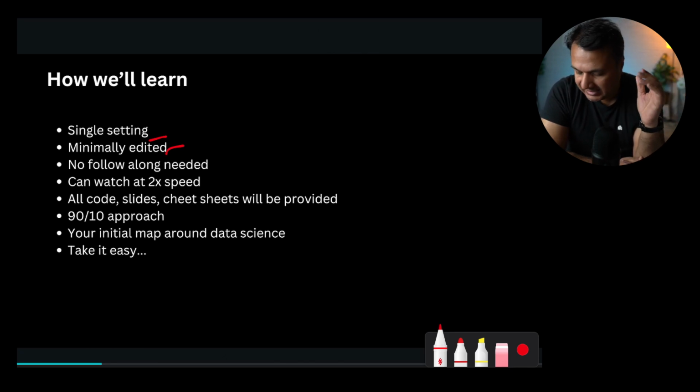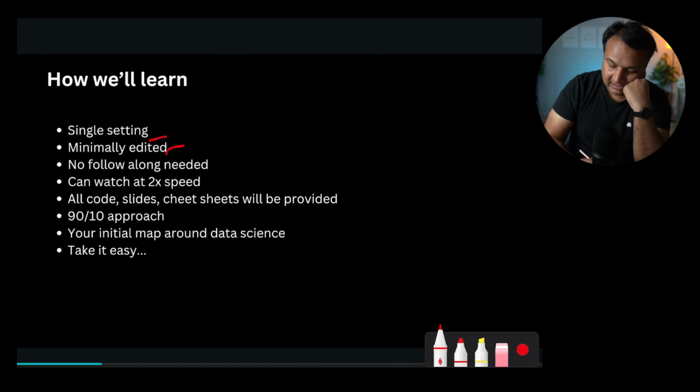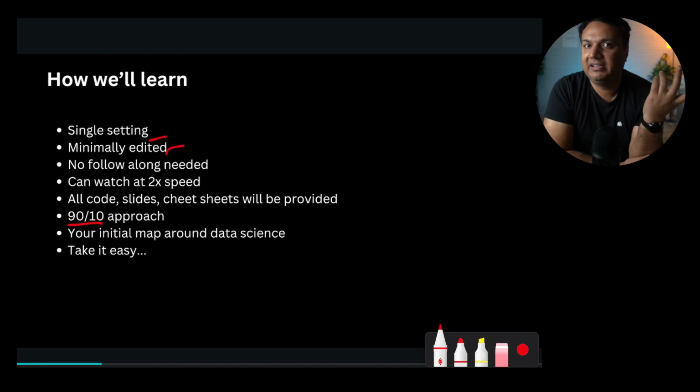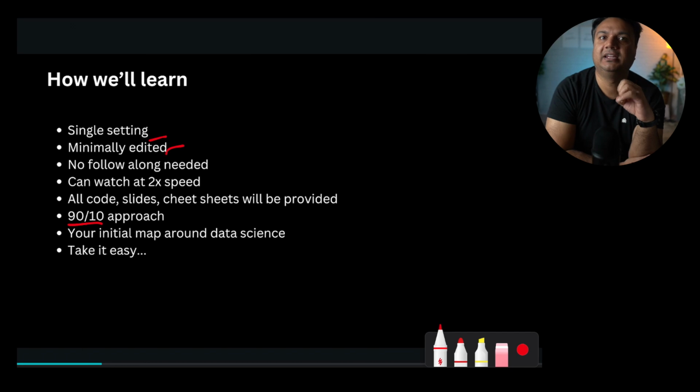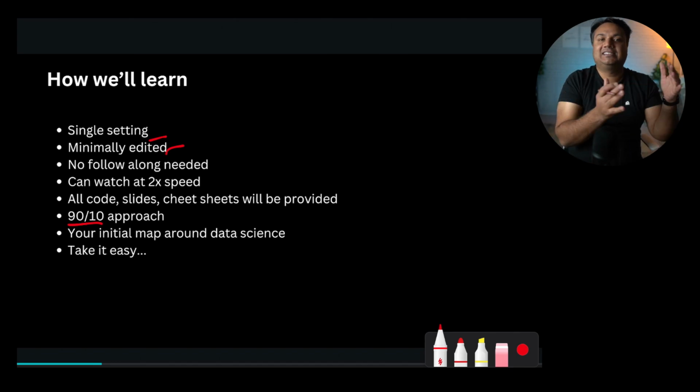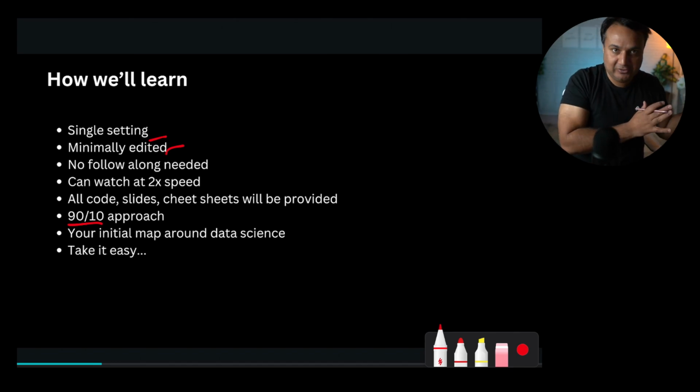The other thing I want to say is that this course, as it is very beginner friendly, is not covering everything. Of course, if you pick anything, there is a lot of depth in everything. Not only data science, it applies to every aspect of life. But in this course, I've tried to take the 80-20 rule to the next level. So this is more like a 90-10 rule.